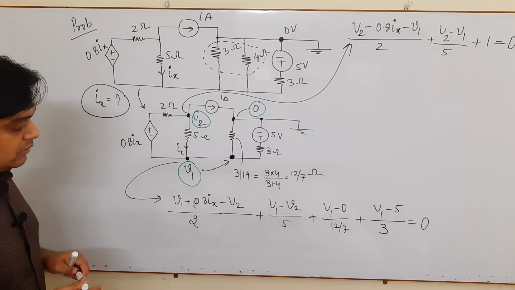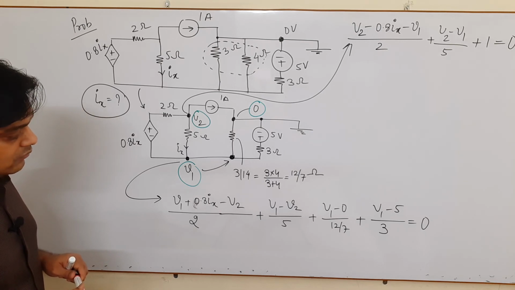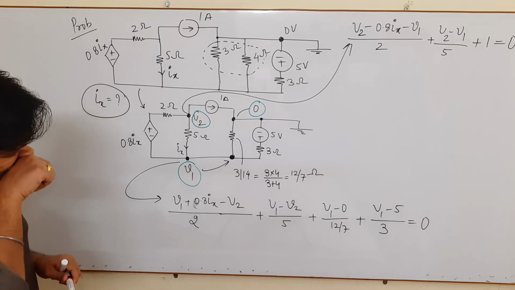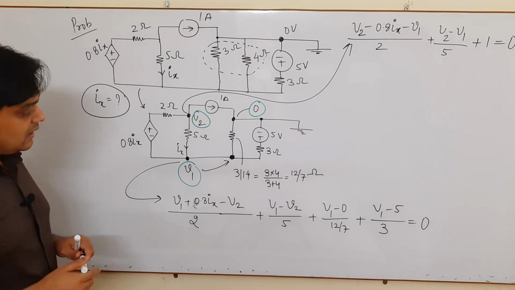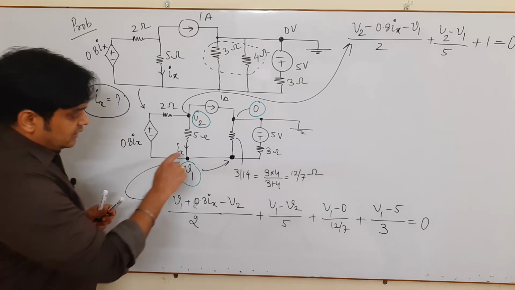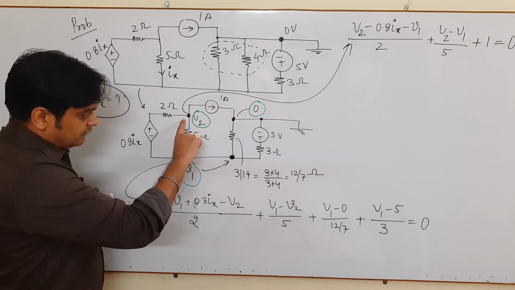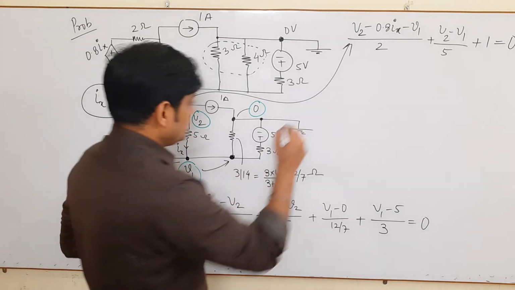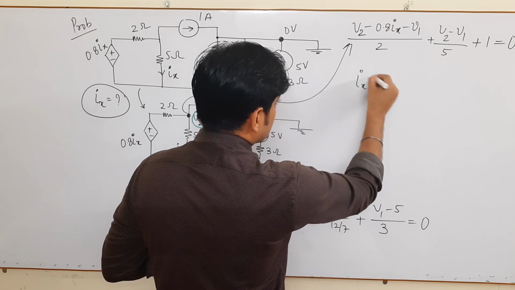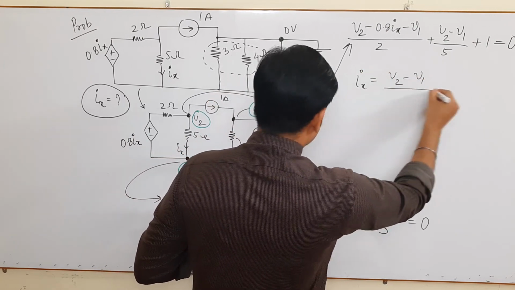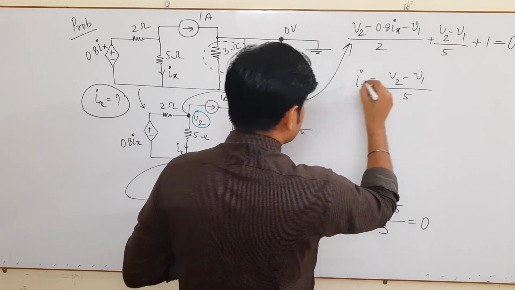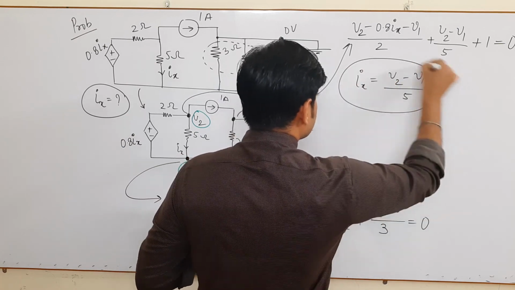Now you ask, what actually is Ix? Ix is the current which is flowing between these two potentials. So can you say the value of Ix is basically V2 minus V1 upon 5? Very important.